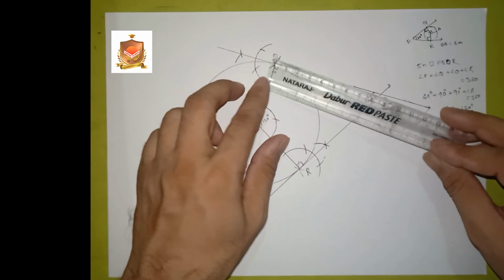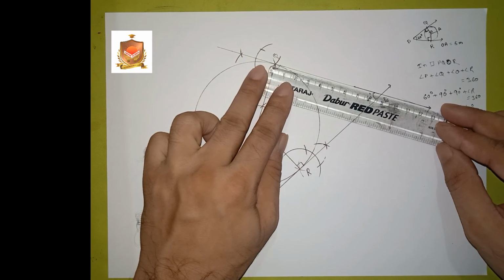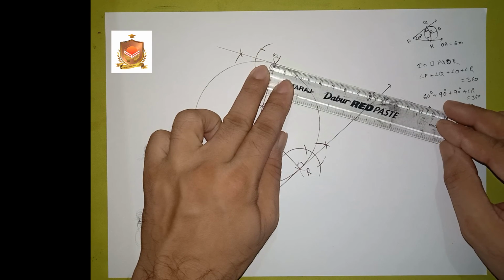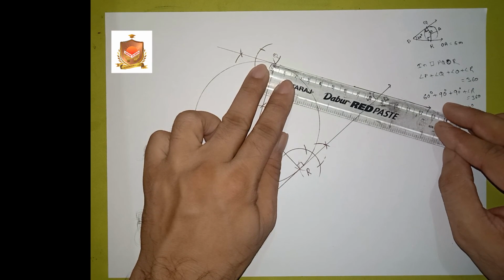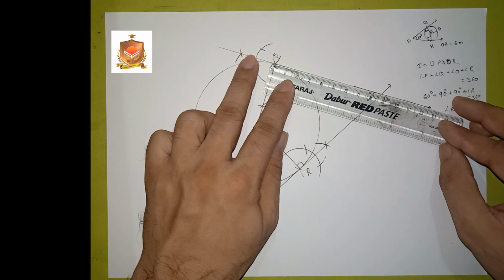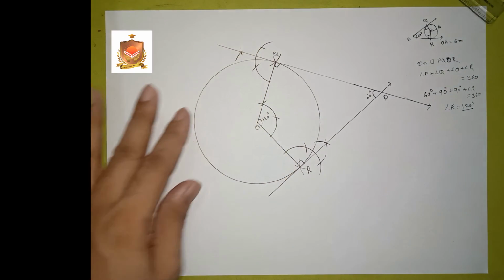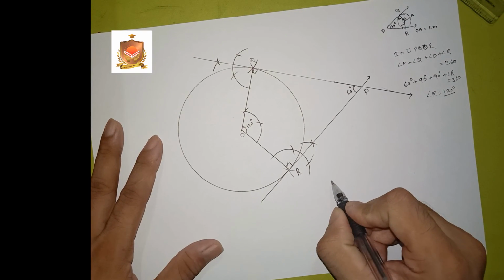We will measure the length PQ. It is approximately somewhere between 8.6 to 8.7. So I will take it as 8.6.